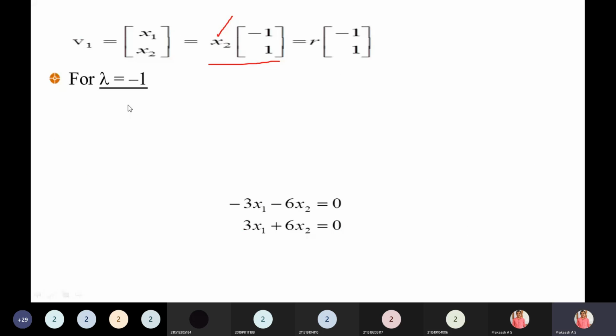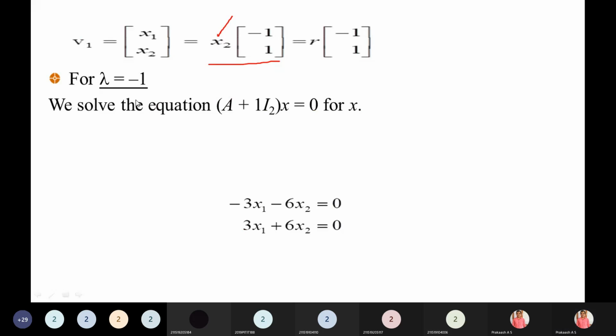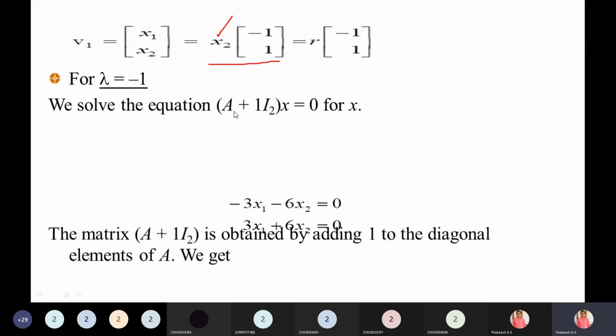Now for lambda equal to minus 1, we are going to find the eigenvector. We solve the equation (A minus lambda I) x equal to 0, where lambda is minus 1, therefore plus 1. I is I2 because A is a 2 by 2 matrix.